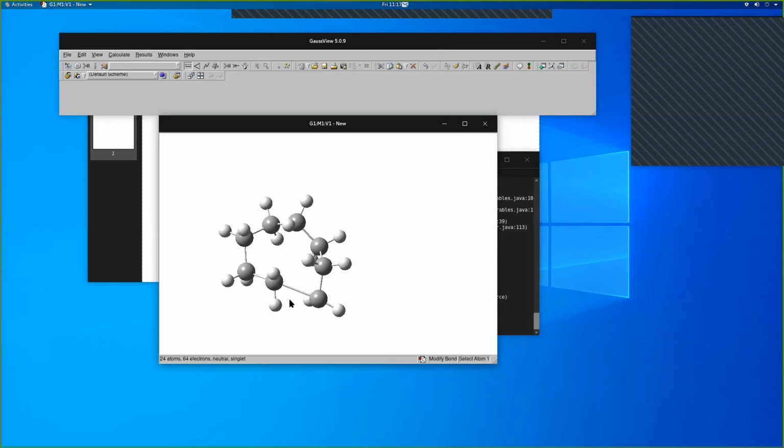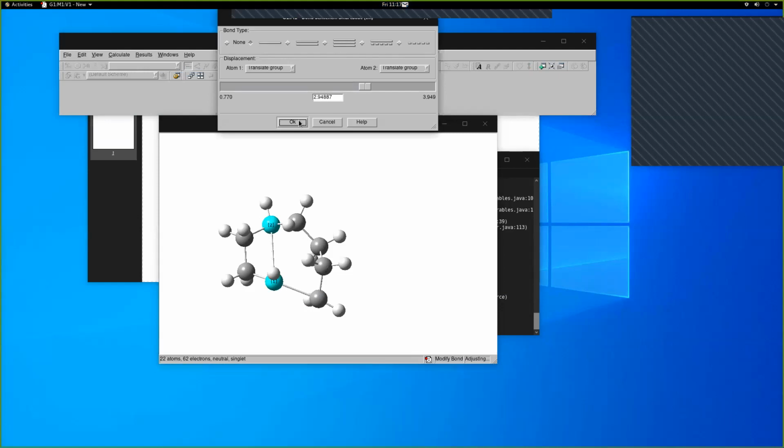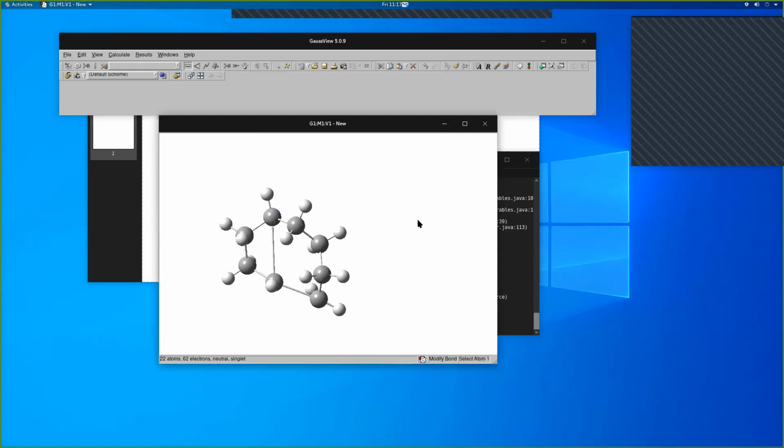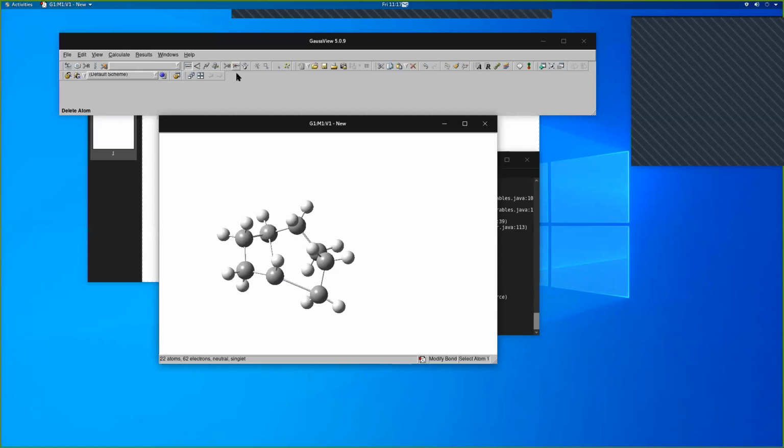But now I need to make the first system, which was the bicyclic system. I'm going to make the bicyclic system by connecting like that and bonding. But of course, in the bicyclic system, we had a double bond at this point over here. And so I'm going to just remove some hydrogens and make sure that this here is a double bond.